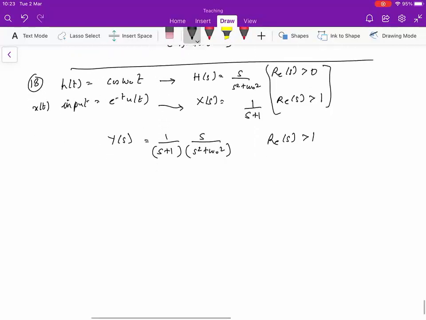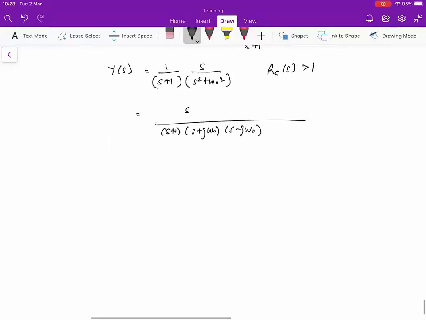And so what we need to do is now to find y of t, we need to find the inverse transform of Y of s. The way to do that is to first expand s squared plus omega naught squared as s plus j omega naught times s minus j omega naught. And so we need the partial fraction method, which I hope you've seen elsewhere. If you haven't, section 8.11, which I think I put in the course notes, has the description of how to do it.